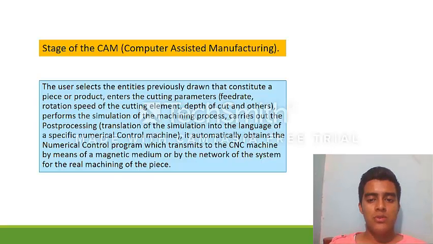It automatically obtains the numerical control program, which is transmitted to the CNC machine by means of magnetic medium or by the network of the system, for the machining of the piece.